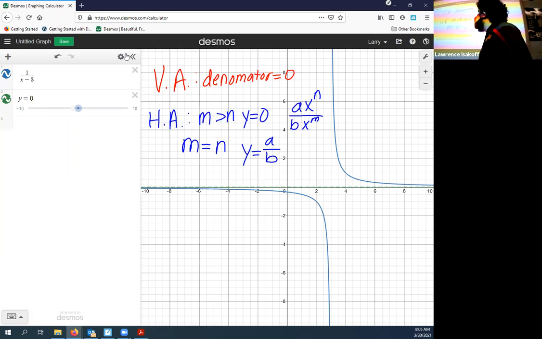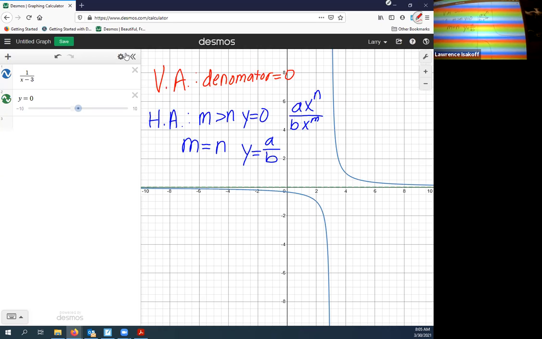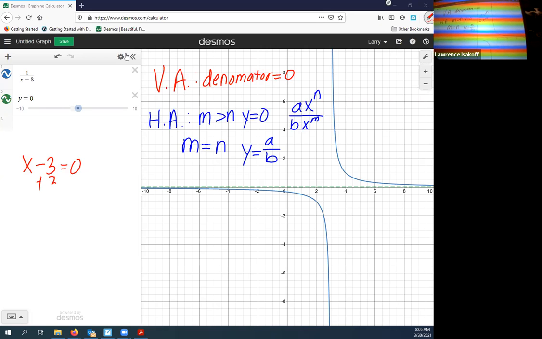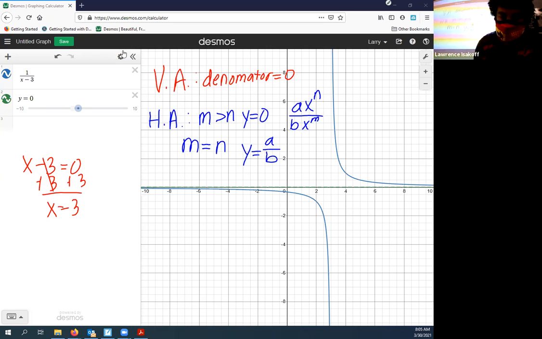Now for the denominator, our vertical asymptote. What I want to do there is say x minus 3 equals 0. Well, that's a super easy equation to solve, right? Add 3, x equals 3. So that's what I'm going to type for my other asymptote.